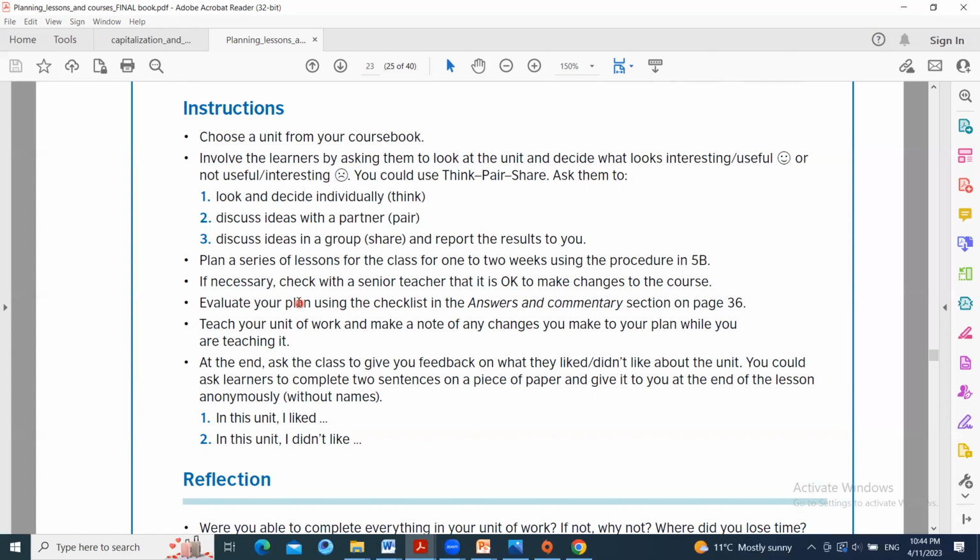If necessary, check with the senior teacher or some expert that it is okay to make changes to the course. Evaluate your plan using the checklist in the answers and commentary section.